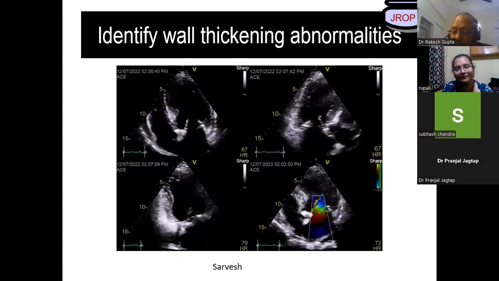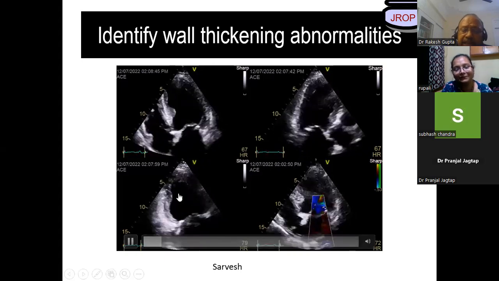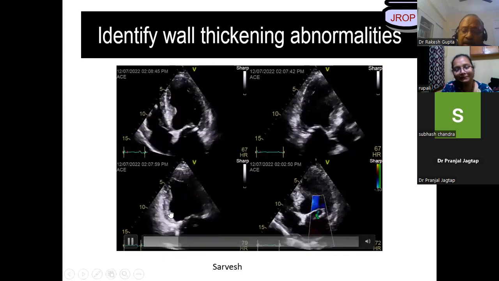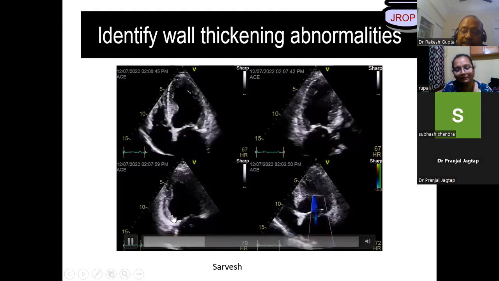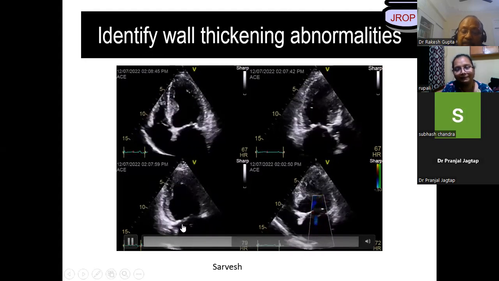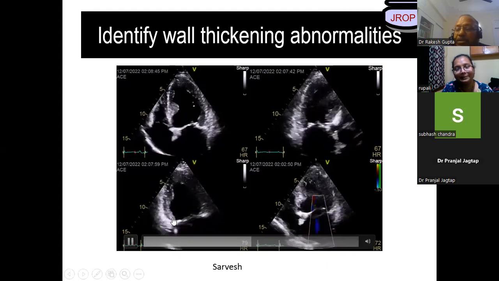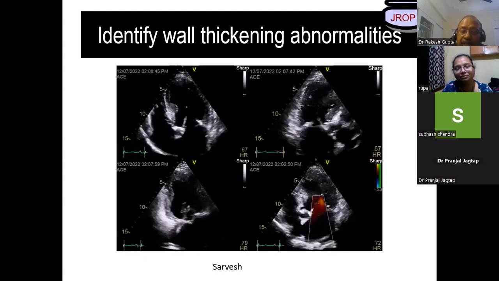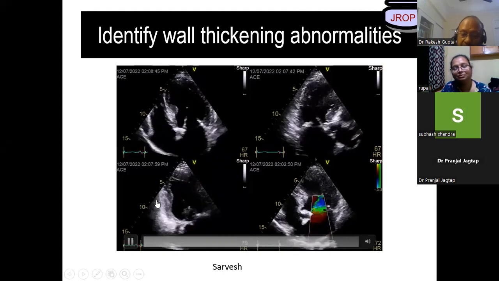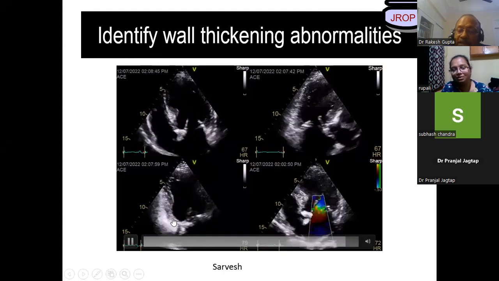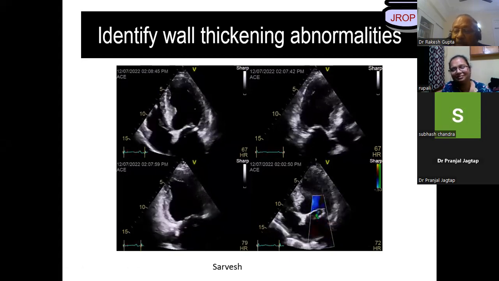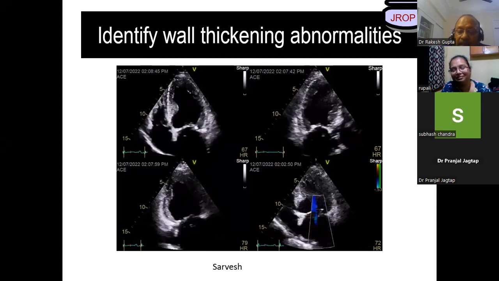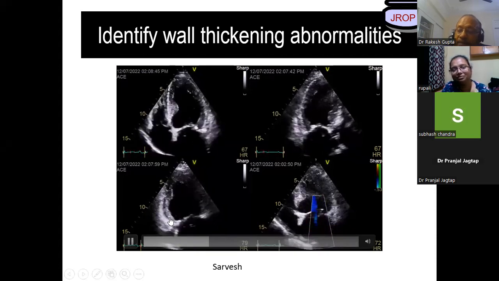So if somebody presents with this kind of a segment, and if I do an angiogram for RCA, and I see RCA is 99% blocked, whatever I do, I'm not going to revascularize this segment. Sorry, make it viable. I always say in Hindi, if you give food to a hungry man he will stand up, if you give food to a dead man he will not stand up. This is a dead man.